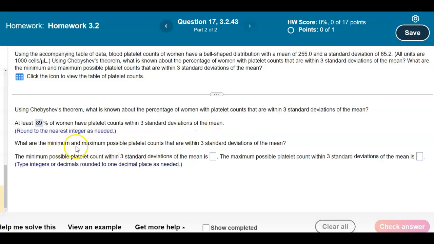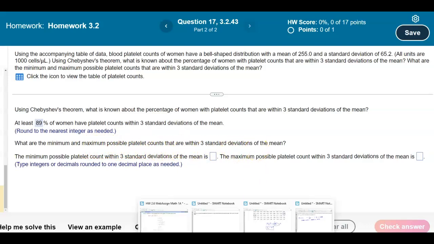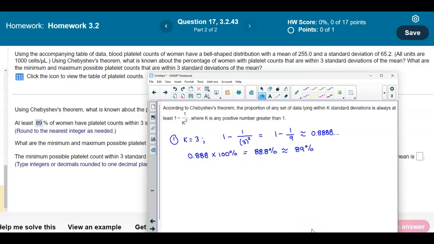Now it says, what are the minimum and maximum possible platelet counts that are within 3 standard deviations of the mean? Okay, so what that means is we want to find out 3 standard deviations below the mean. Well, we know that the mean is given in the problem to be 255.0, and the standard deviation is given to be 65.2.